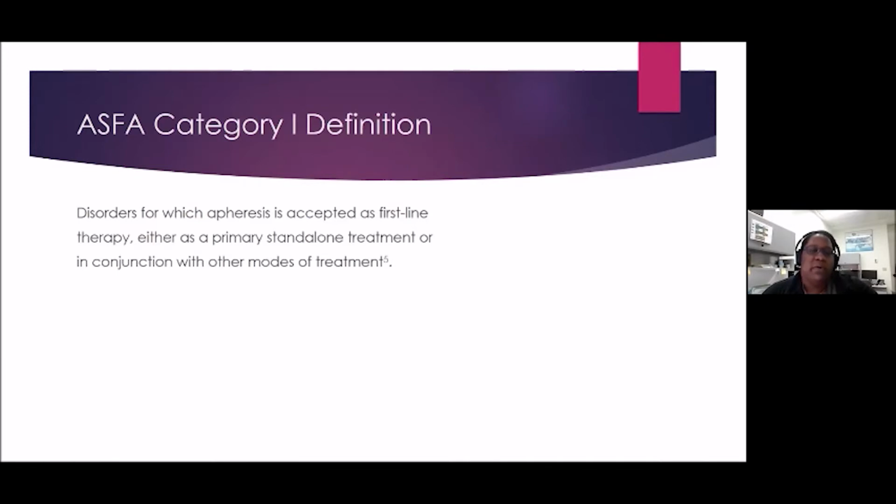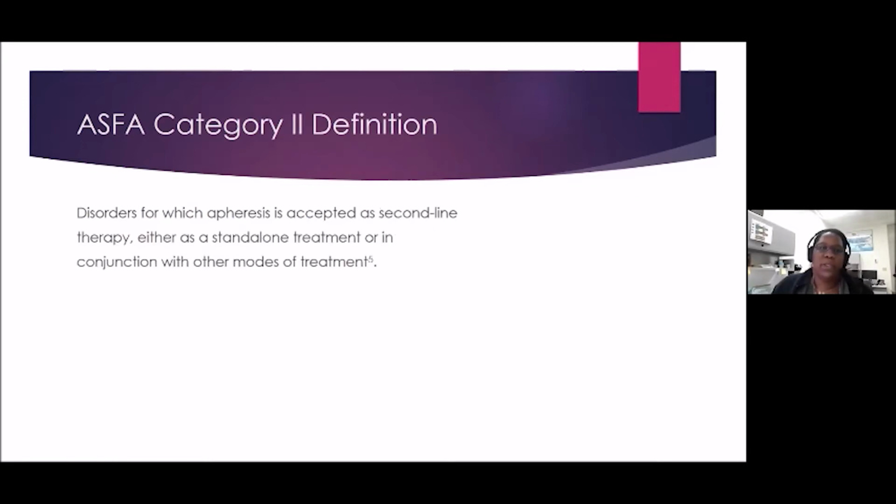And so it gives you category definitions, and they go 1 through 4. So category 1, this is a disorder where apheresis is accepted as a first-line therapy, and you can use it by itself or with something else. So an example of a category 1 indication is TTP. Another one is Guillain-Barré syndrome. Another one is myasthenic crisis.